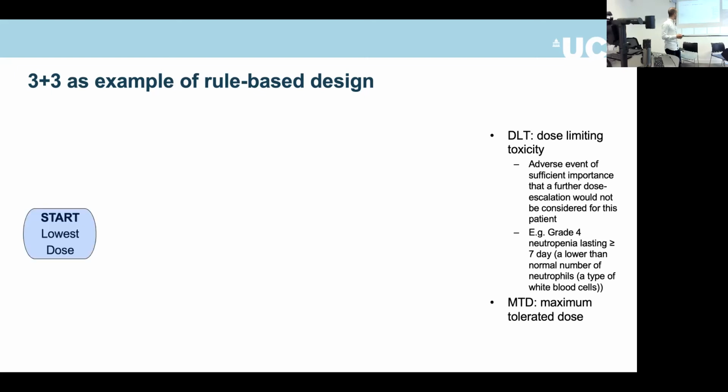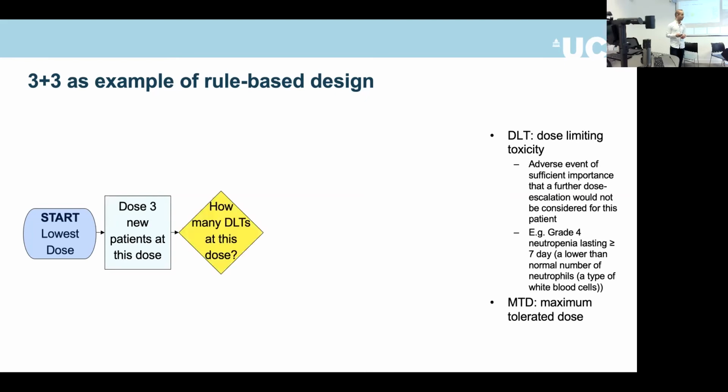So what do we do? This is the rule-based design, so it's effectively a simple algorithm. We start at the lowest dose level, we dose the first 3 patients, and we count how many patients out of 3, it's very simple, have experienced at least 1 DLT. And depending on the results, we make decisions for the rest of the study.